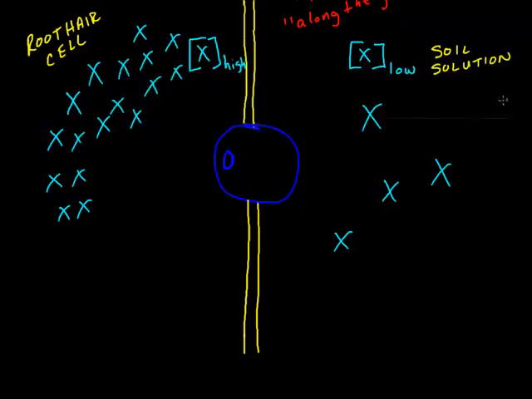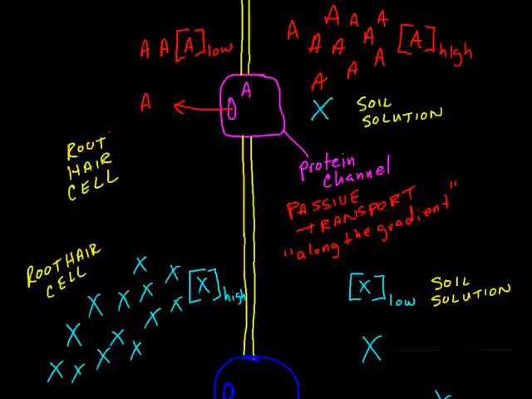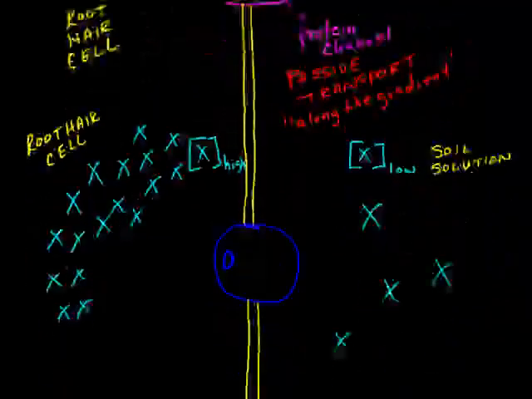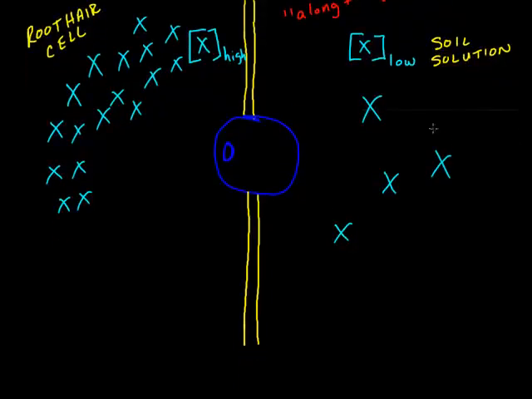Now, if it were high out here and low inside, for this ion X to move through this membrane, we would simply need one of these protein channels, and we could just rely on passive transport to move it along the gradient like we just described. However, I've already said that that is not the case. So passive transport, even if we had the right protein channel, is not an option for nutrient X. And so the plant has to rely on what is referred to as active transport.